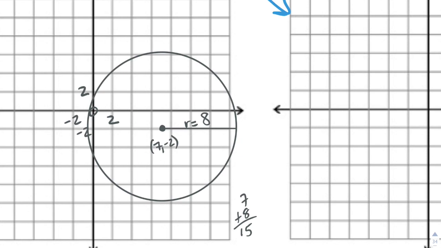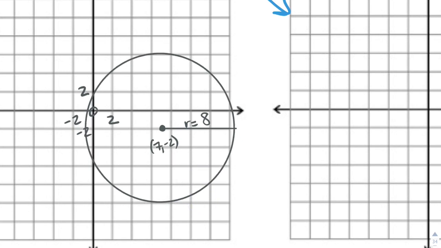And 7 minus 8 is negative 1, and that's where you see it right there at negative 1. Then you add or subtract 8 from the negative 2. So 2, 4, 6, 8. I can slide this down a little bit, and then that would be even better. It's a little bit short, but that's okay.